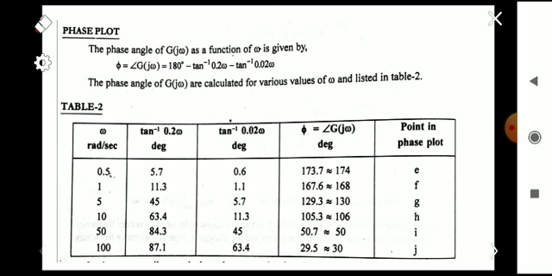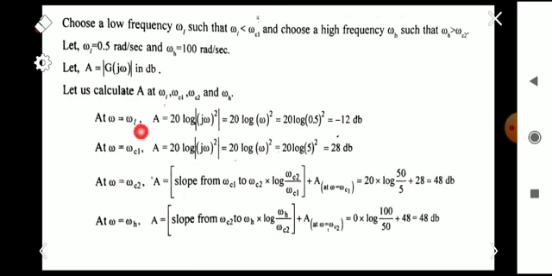After that we have to mark the 4 points. The first point is omega L, corresponding to 0.5, where the decibel magnitude is -12. You can see here this is 0.1, and this is 0.2, so 0.5 comes here.